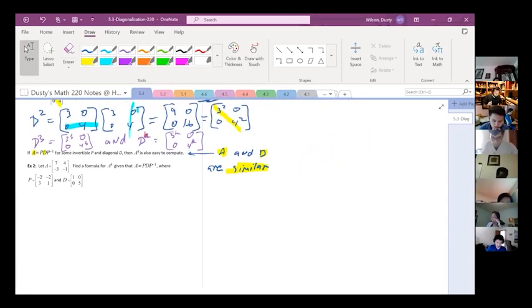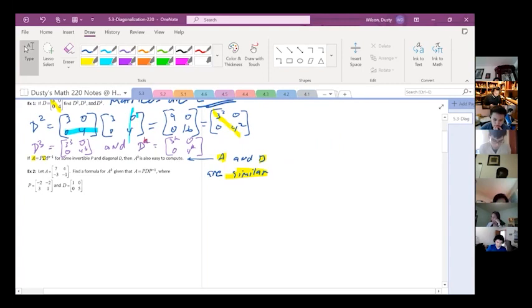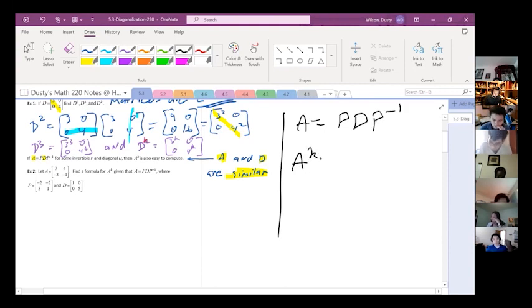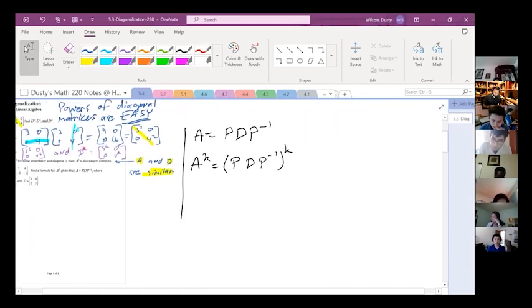So let's do a little bit of an aside. If A is equal to P D P inverse, then A to the k would be the same thing as (P D P inverse) to the k. And let's just write that out a little bit.